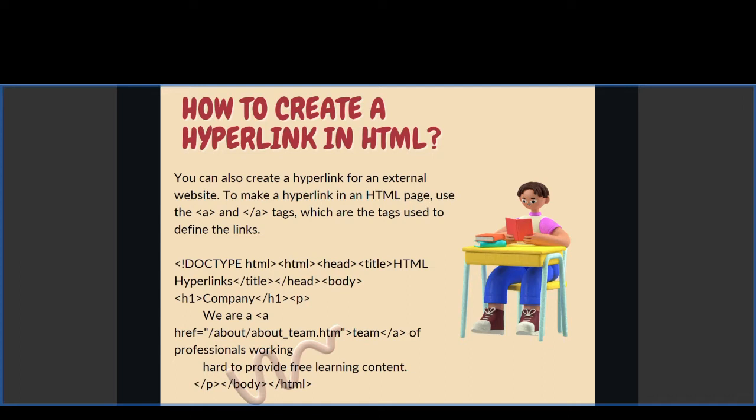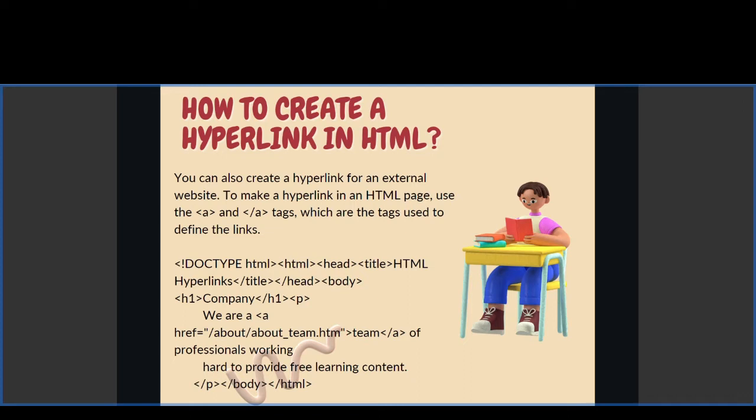So the question is, how do we create a hyperlink? With the anchor tag, we can create a hyperlink, and we have an attribute called href. Within href, we can pass where we want to navigate with this anchor tag. We can pass a reference to our own HTML page, or a reference to an HTML page that is hosted by our server.